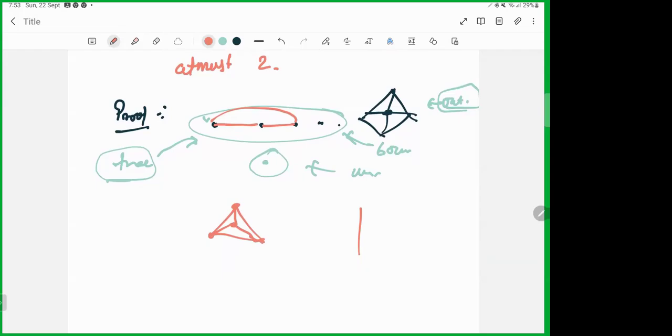Then it must be that the vertices of the cycle correspond to regions such that these regions are adjacent to each other. So that means the vertices lying between them. What will happen to those vertices?